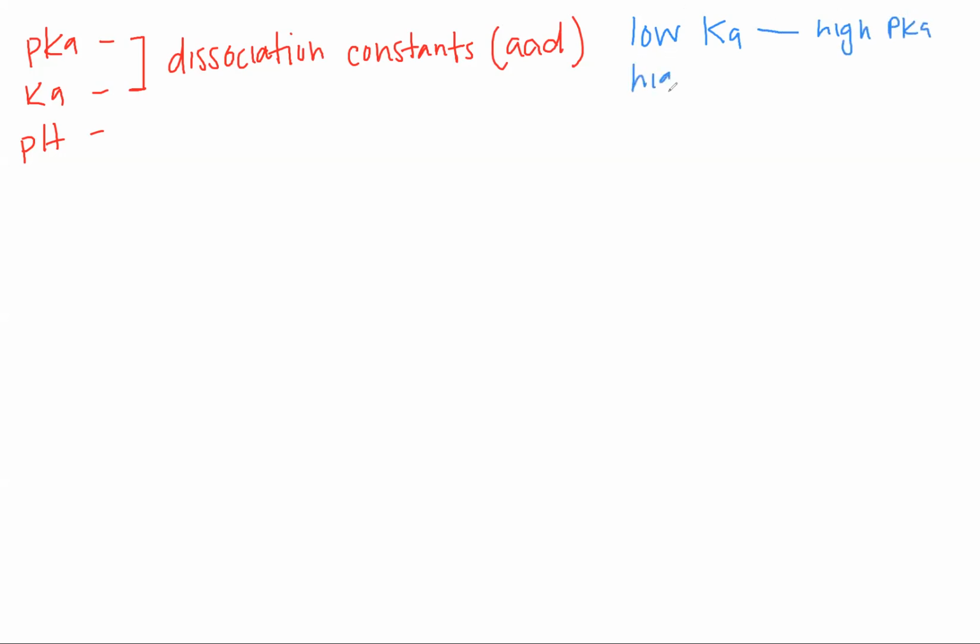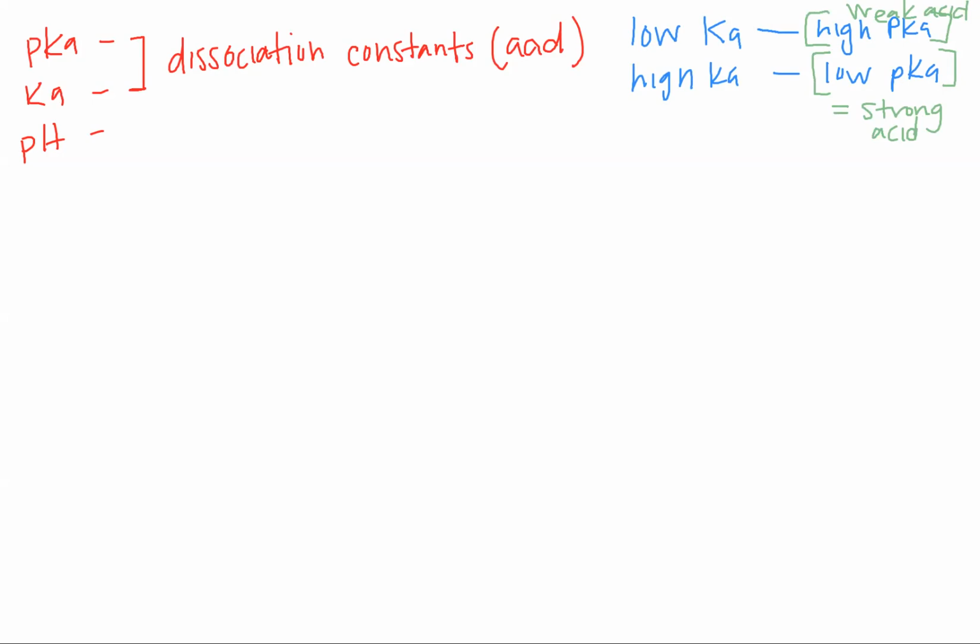If I have a high Ka, I should have a low pKa, okay? And a low pKa is indicative of a strong acid. So a low pKa is a strong acid. High pKa, weak acid.